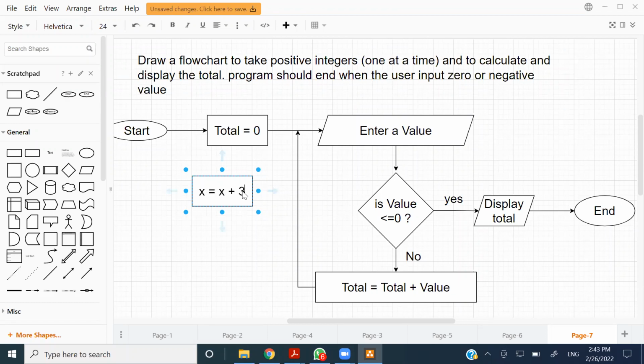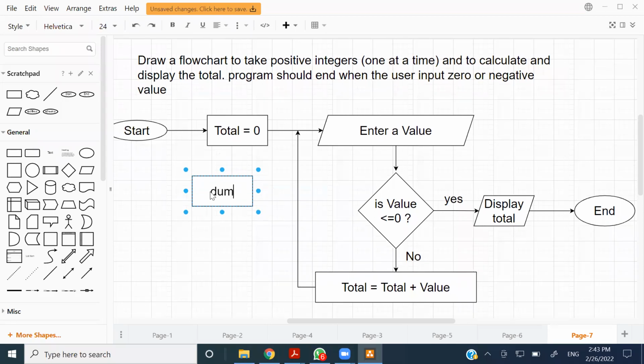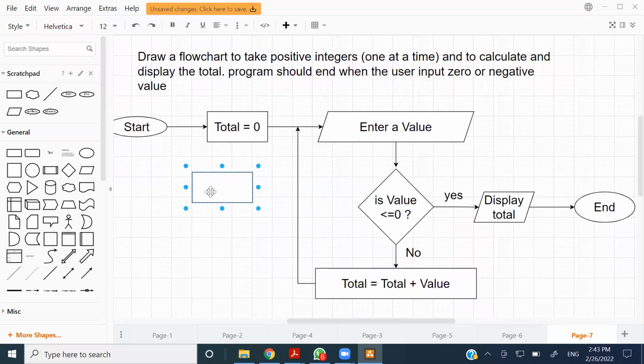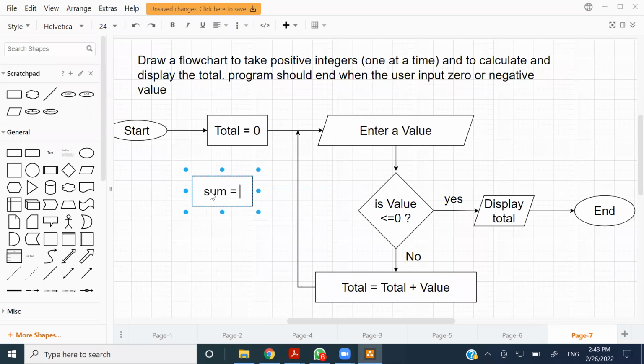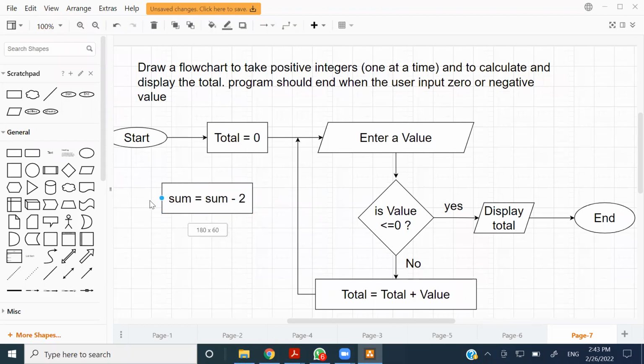That should be the way. Yes, Pehara, that is the way. Very good. So if we need to reduce the value of sum 2 by 2, it's going to be sum equals sum minus 2. Simple as that.